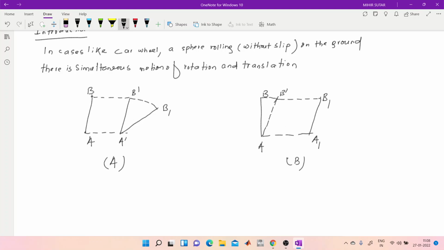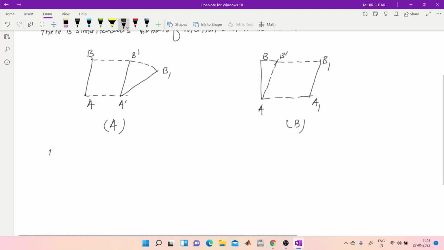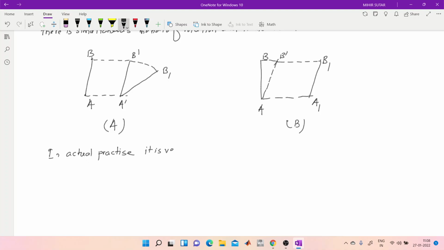In actual practice, it is very difficult to separate these two motions.